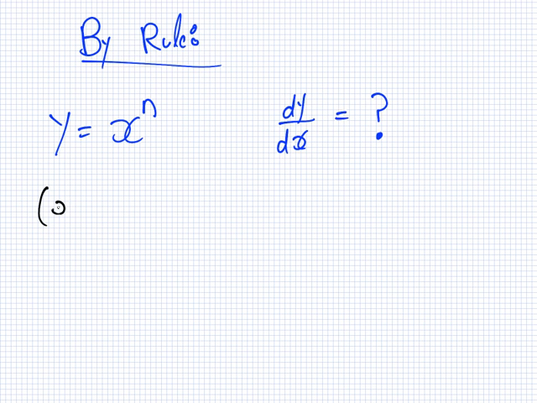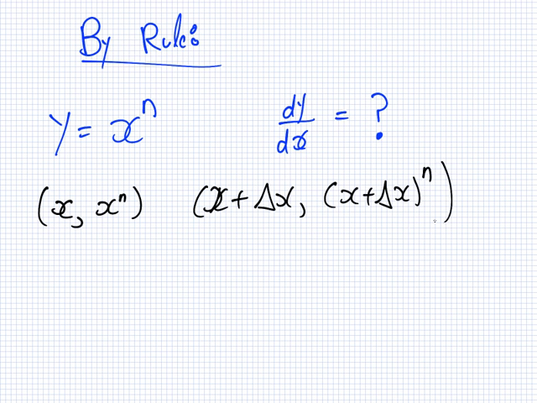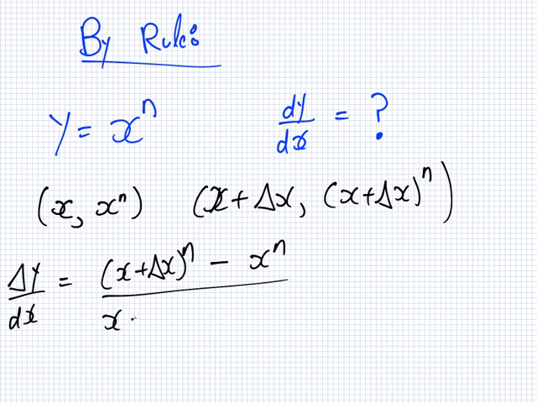We have x, and we have x^n, and we have x plus delta x, and then we have (x plus delta x)^n. So the slope of the secant will be (x plus delta x)^n minus x^n, all over (x plus delta x) minus x.